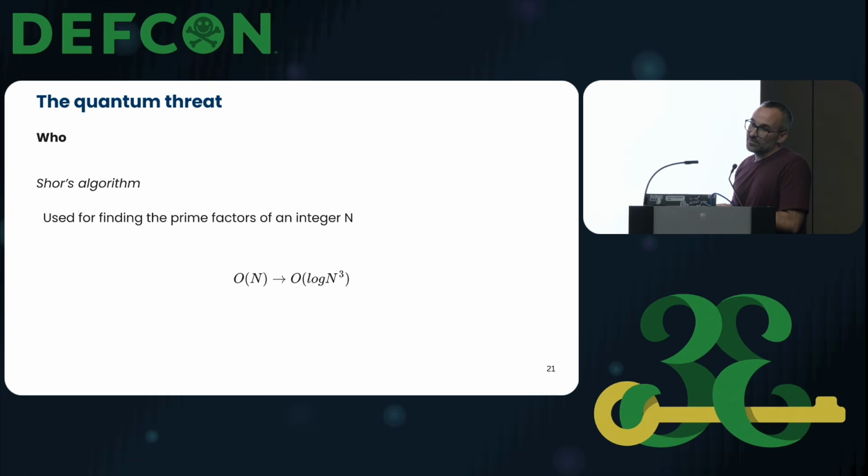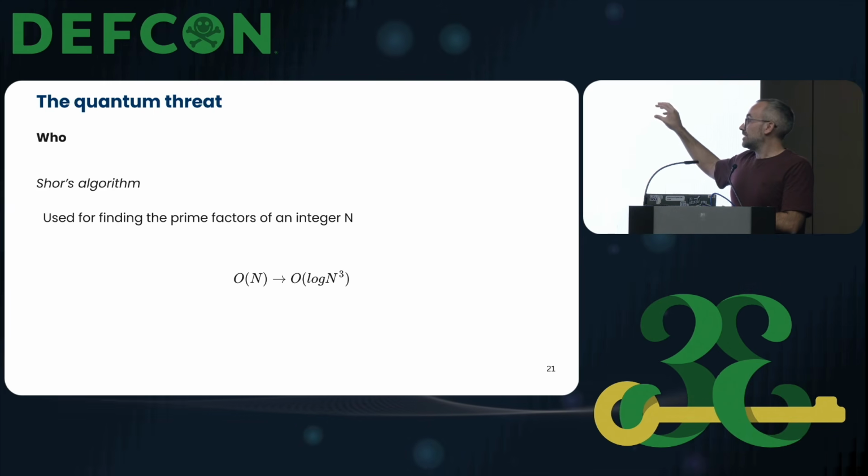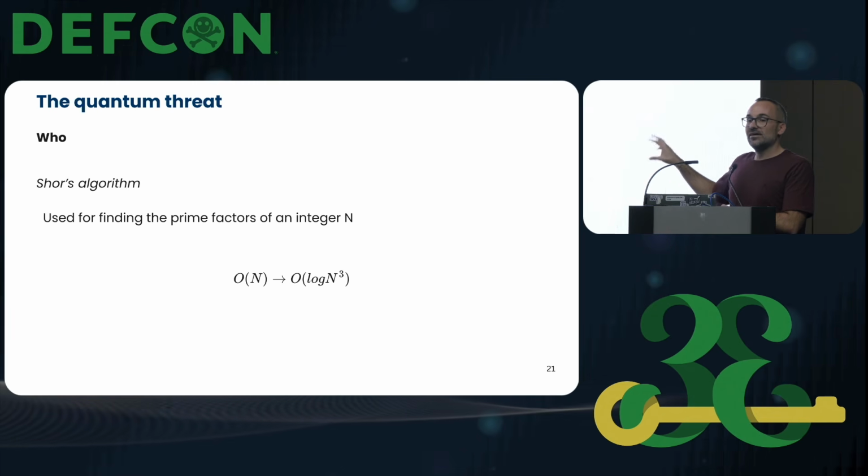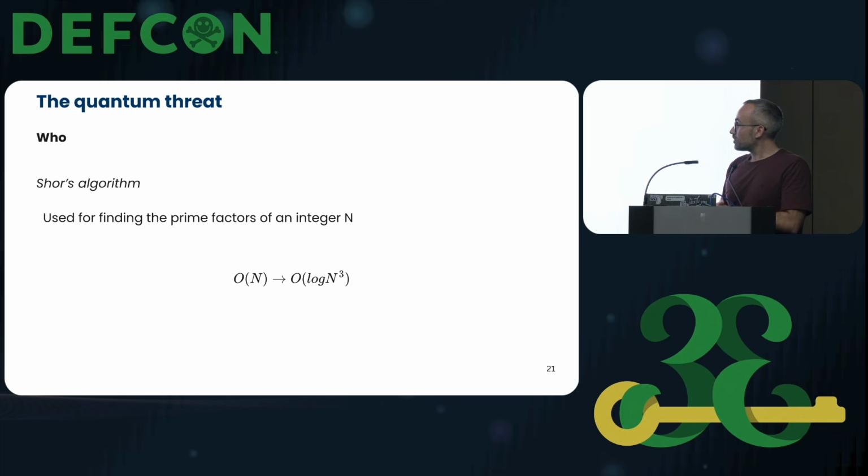The other algorithm that can represent a threat to this cryptography is Shor's algorithm. This algorithm is used for finding the prime factors of an integer n. This results in, if we have a set of solutions with a length n, it will be reduced to the logarithm of n cubed, which is also great.